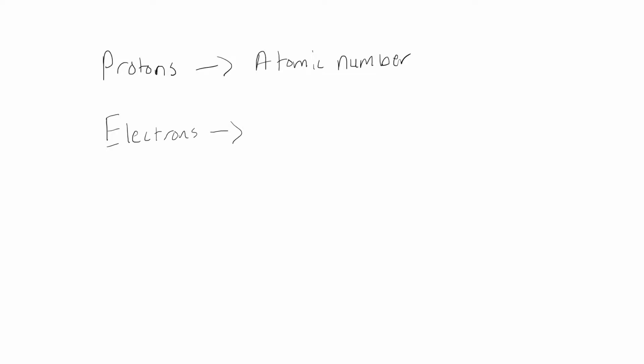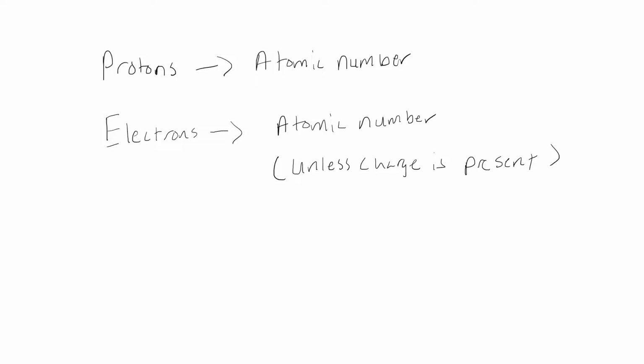They're also going to equal the atomic number, unless a charge is present. Which means if I have some type of ion, some charged particle, the number of electrons will change.